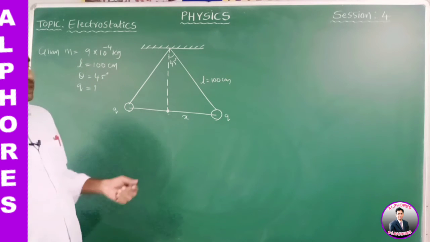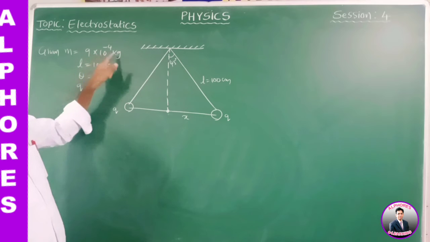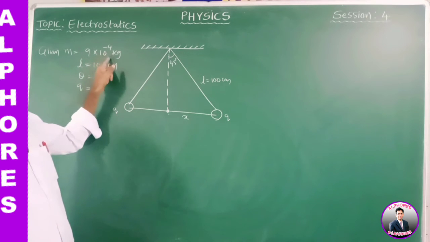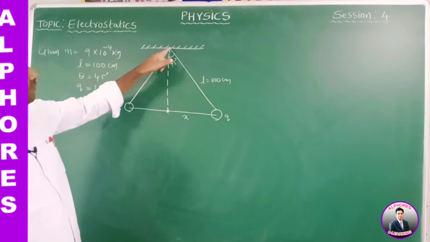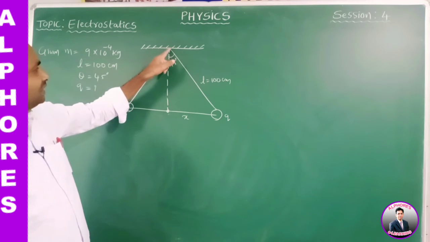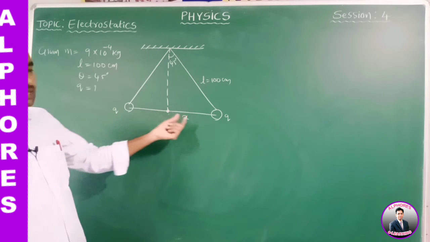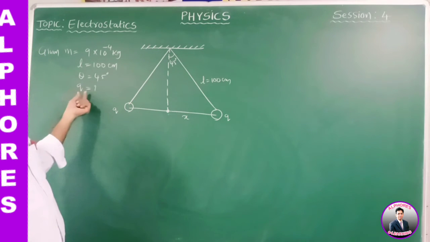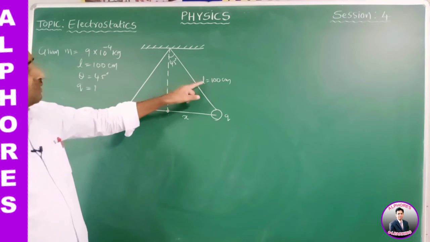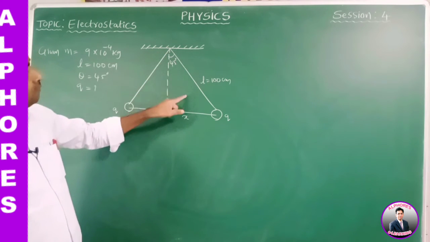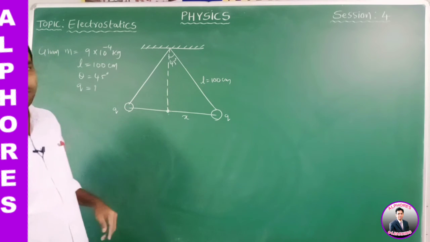In the next one, two identical spheres, each of mass 9 into 10 power minus 4 kg, are suspended by two non-conducting strings from the same point of suspension, and given identical charges. We don't know how much charge is given, but the same charge is given to both spheres. They are suspended by non-conducting strings of length 100 centimeters.